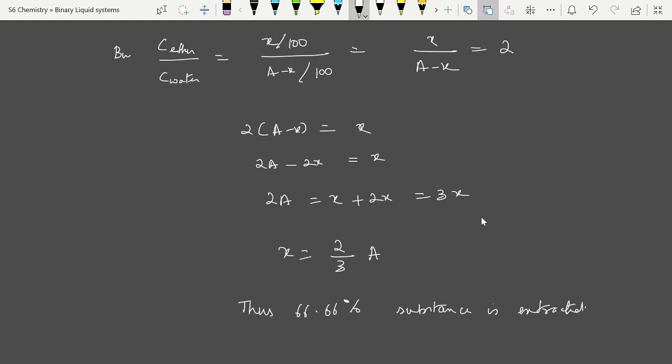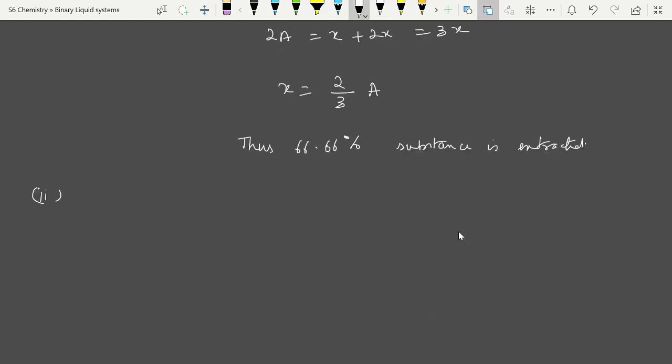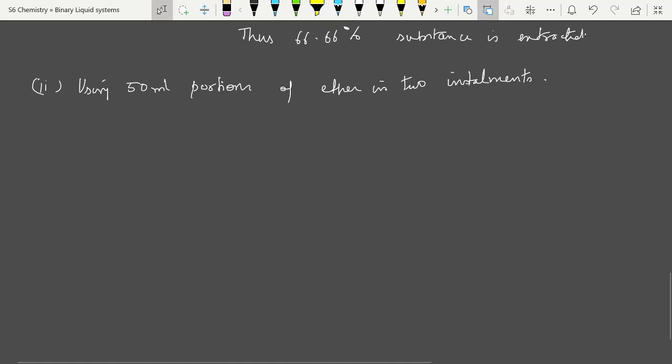Next, we are going to use the ether layer in 2 lots. So using 50 ml portions of ether in 2 installments. So you have taken 100 ml of water, 100 ml of aqueous layer, and in this you have A grams of organic substance.